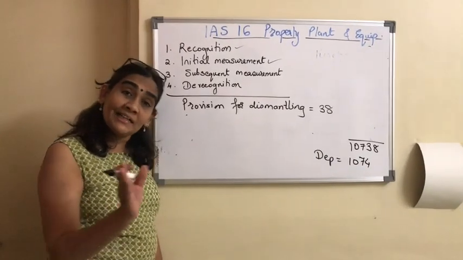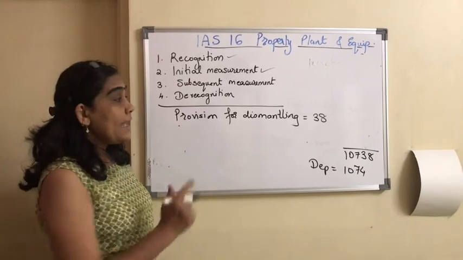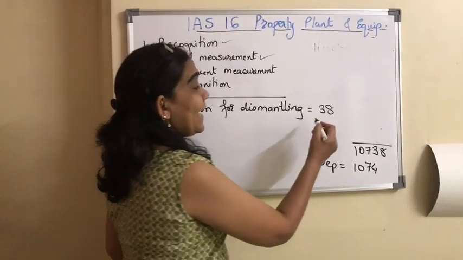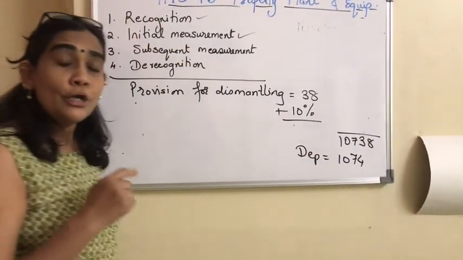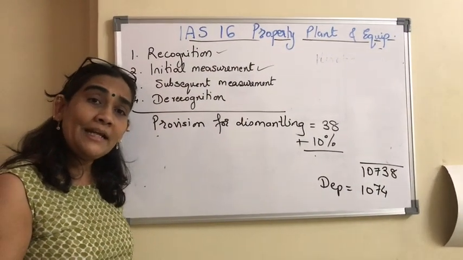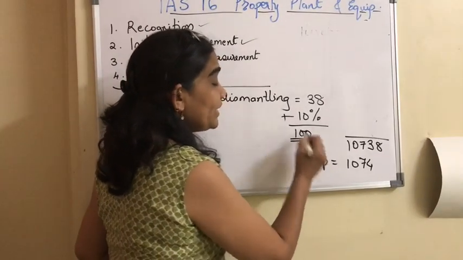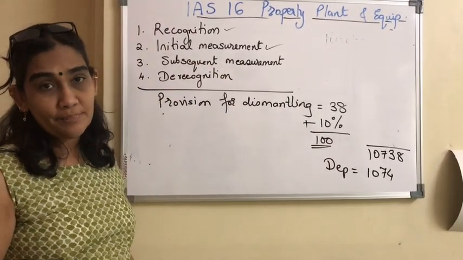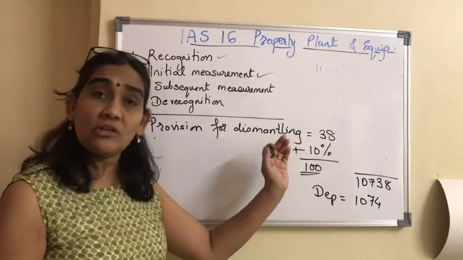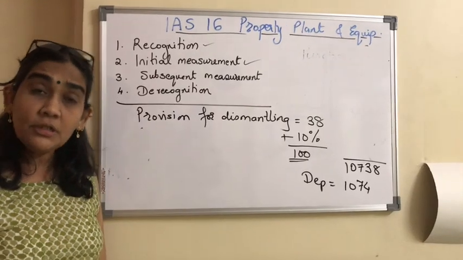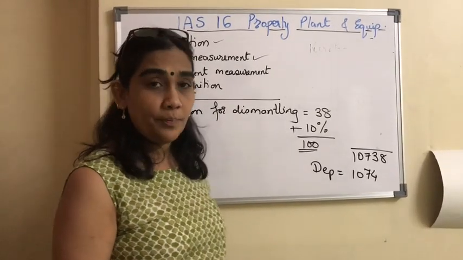So there is another entry that you need to pass related to this asset. Every year you will add 10% to this provision, so that at the end of 10 years you will get an amount of 100 which is required for dismantling. When you are adding 10% to the provision, you need to charge that as a finance cost in SOPL.